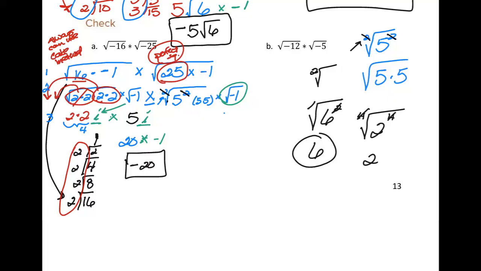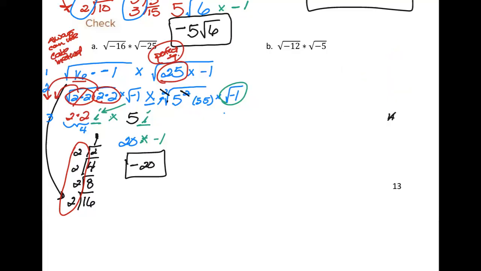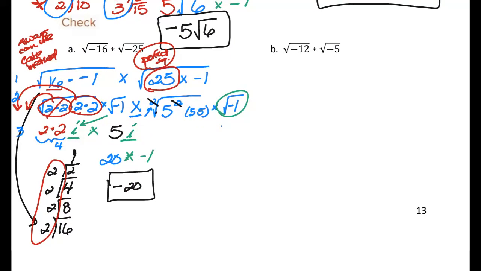Excellent question. Okay, let's do this last one very quickly. So first of all, when you start with the square root of a negative number, again, change it to the positive value. So this becomes positive 12 times the square root of negative 1. Times, let's change that 5 to a positive 5 times the square root of negative 1.